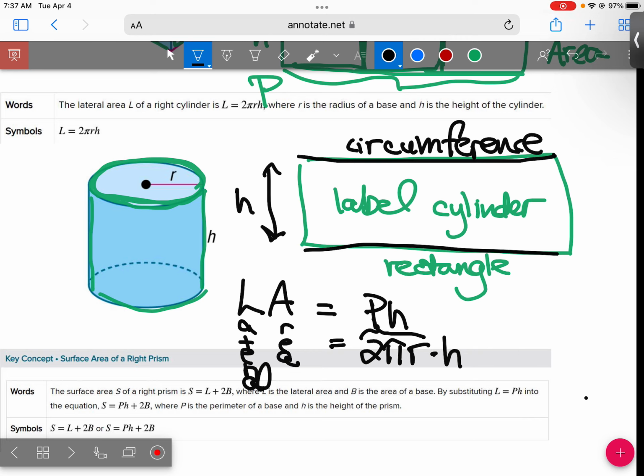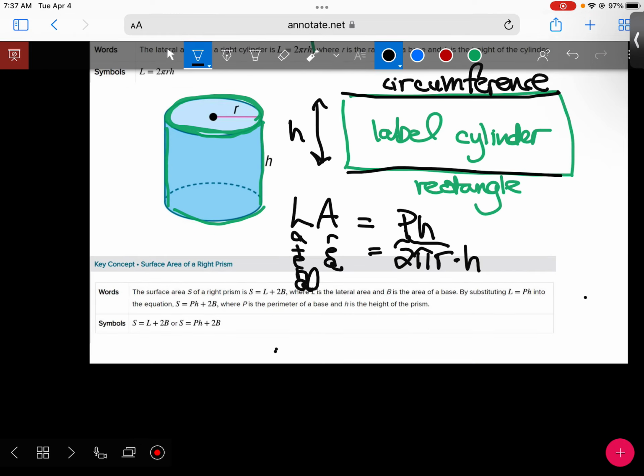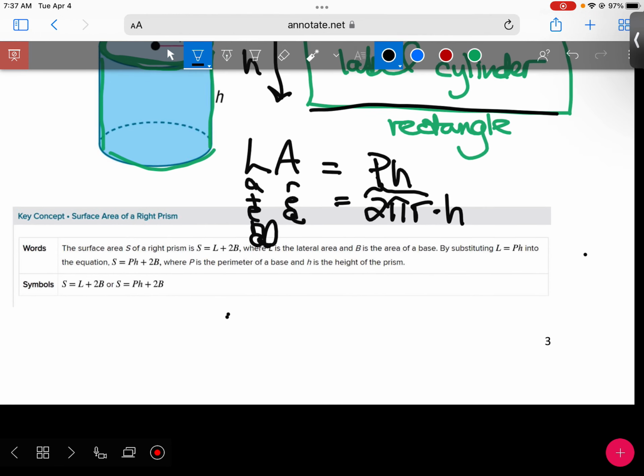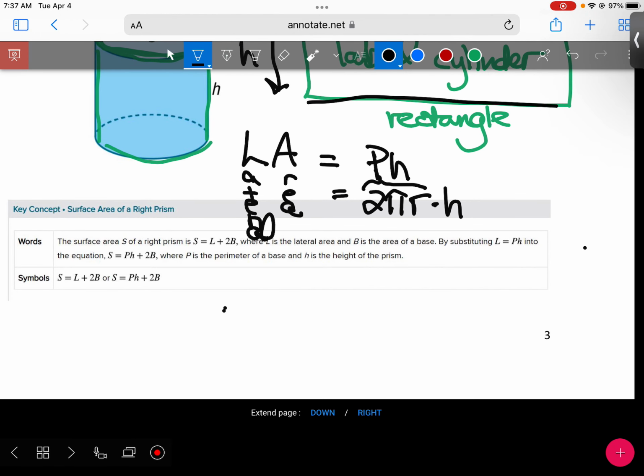All right. So let's start to get to a little bit more now. So far, we've just talked about the lateral surface area. Now we're going to talk about all of the surface area, including the bases.